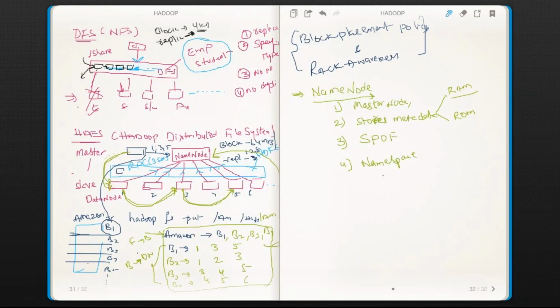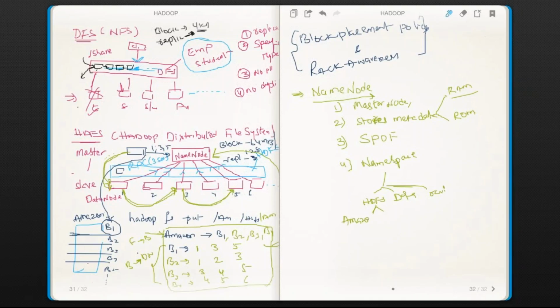Namespace is nothing but you have a root directory and you have Hdfs. Under Hdfs, I can also say data, or something else, I can say Ravi as well. And under Hdfs, again Amazon.